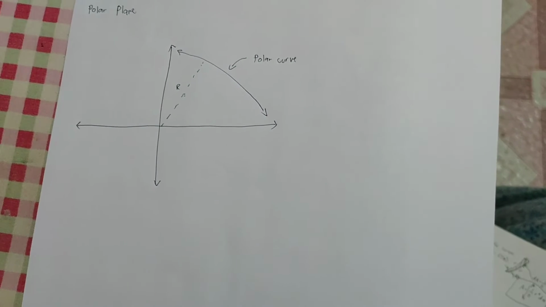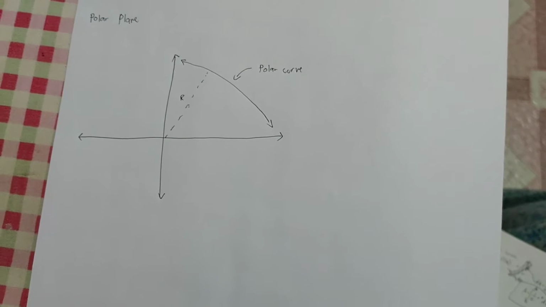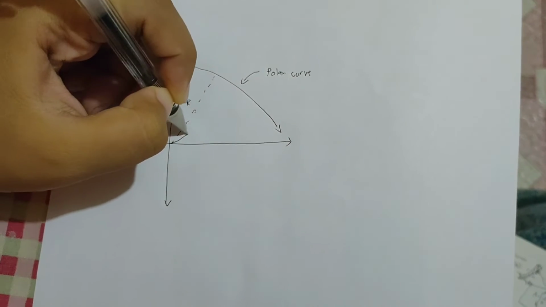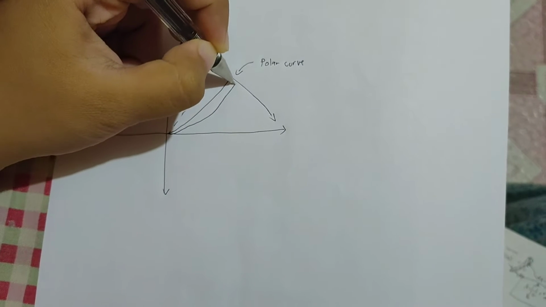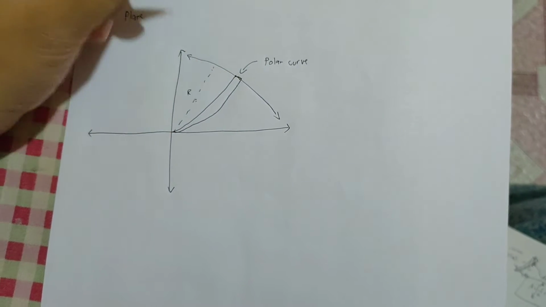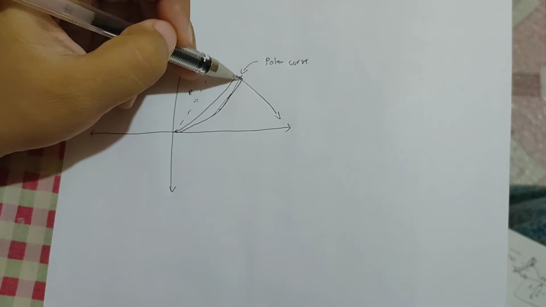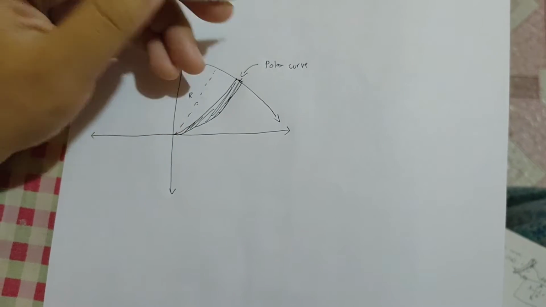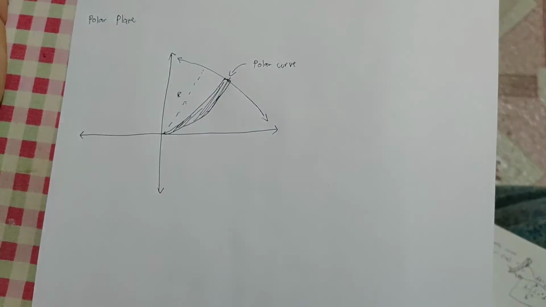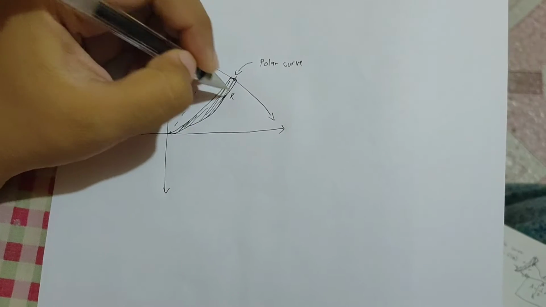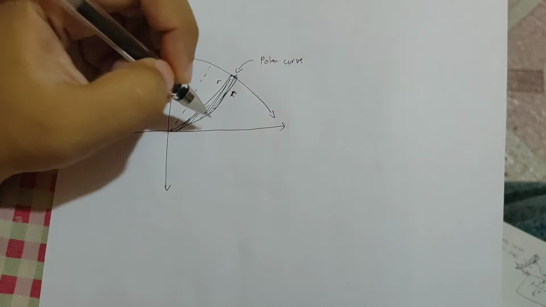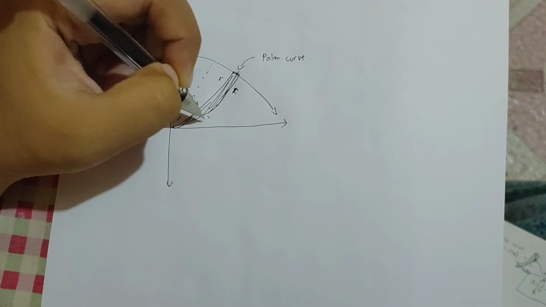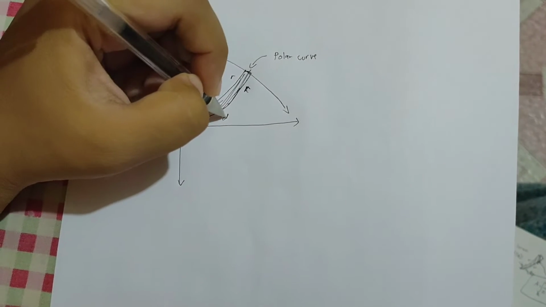And then let's draw what we call a strip, like that. This will be our R here, and our R here, and the thickness of this will be our d beta.